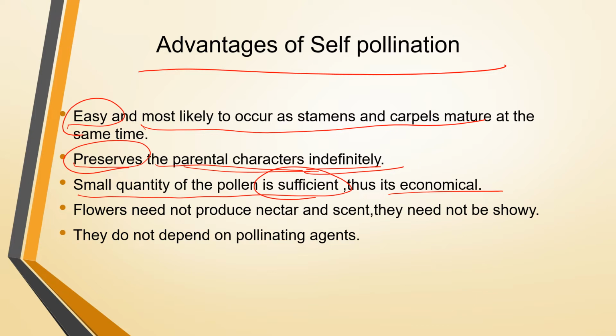Flowers need not produce nectar, they need not attract any agents of pollination. So neither nectar nor scent is essential, and they need not be very showy. The flower need not be colorful so that an insect gets attracted by its smell or bright petals and sits on it. It is a simple and economical process, needing very few pollen grains, and they do not depend on pollinating agents, as it is happening within the same plant, within the same flower.